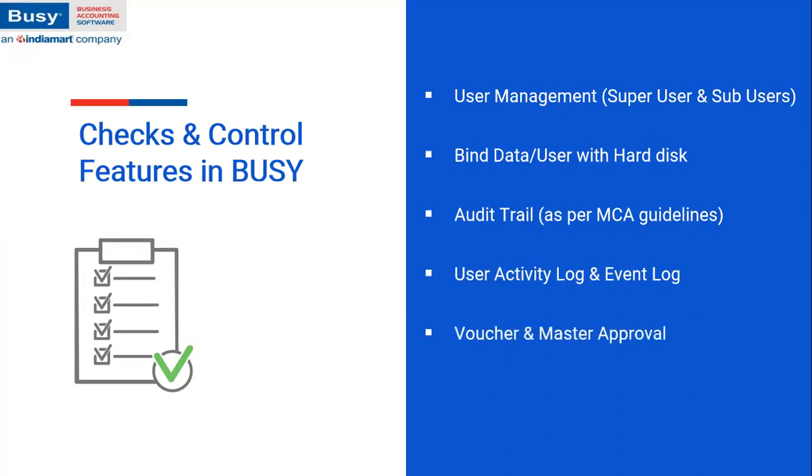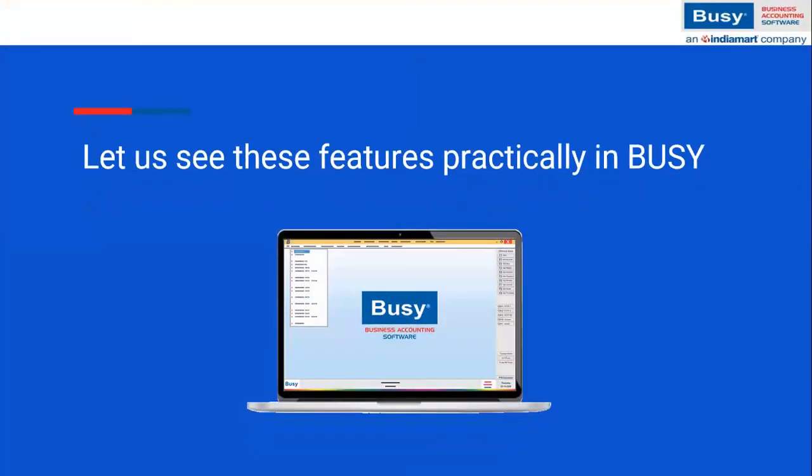Fifth option is voucher and master approval. Sixth option is event notification. So these are the important options covered under the checks and control features in busy. Let us see the first option, user management, in a practical way.